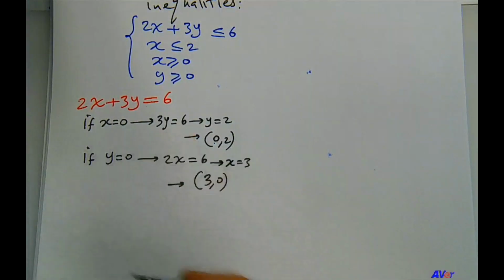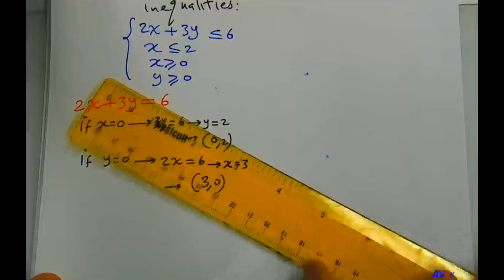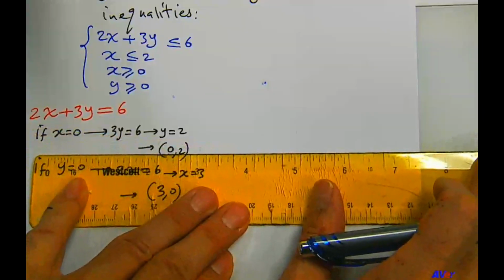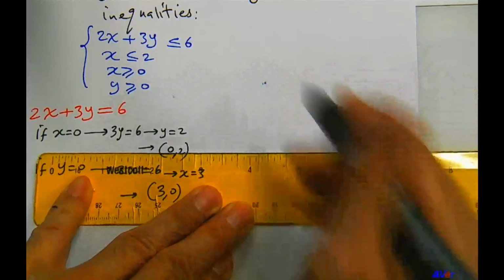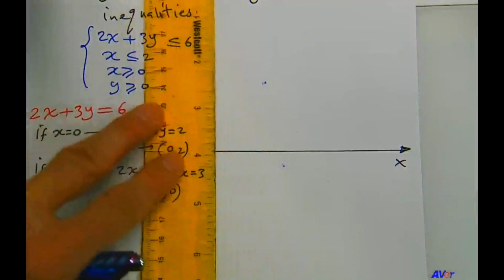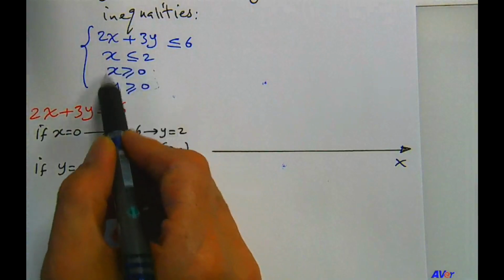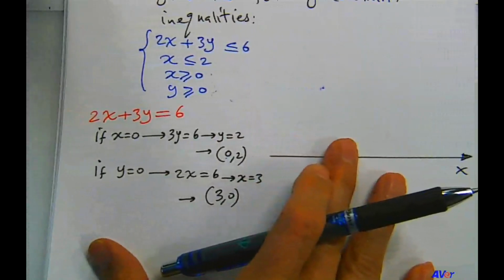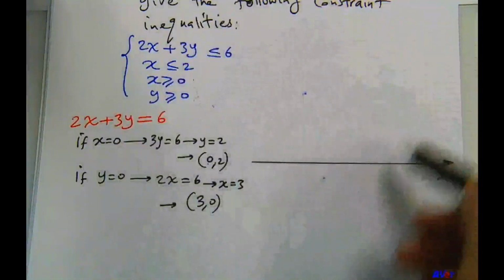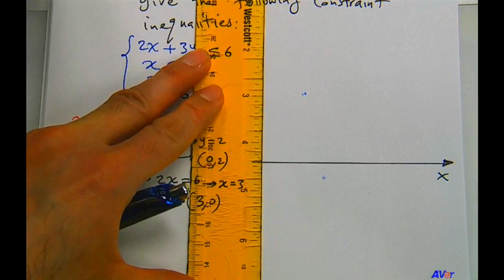Okay, so first, before we go further, let's plot these 2 points. Notice from these 2 last constraint inequalities that everything is going to be positive. So I'm going to dedicate all of this blank space to the positive side of the axis, like that.